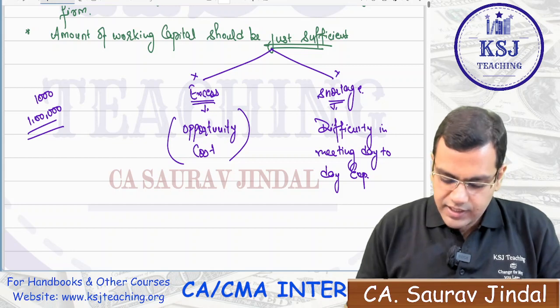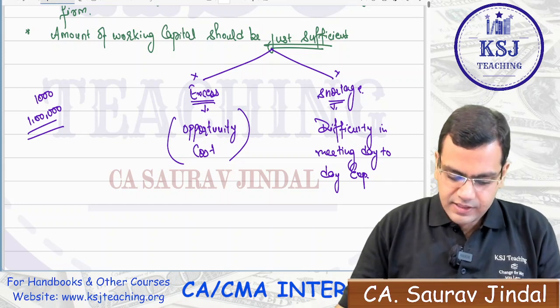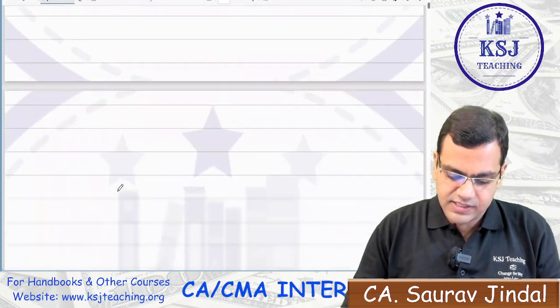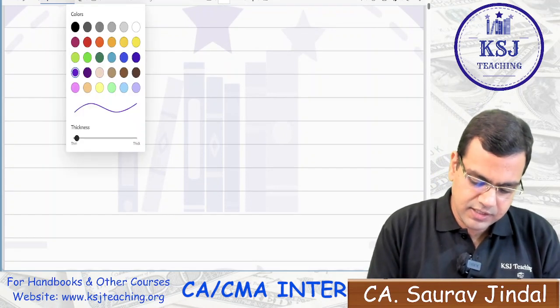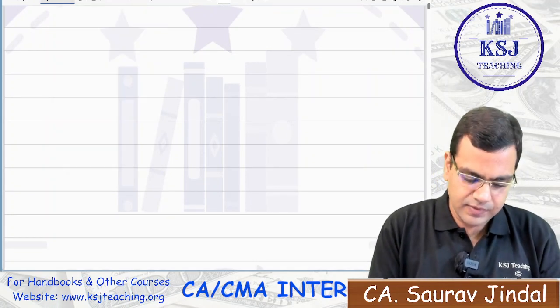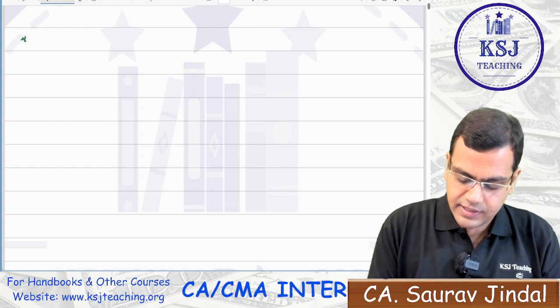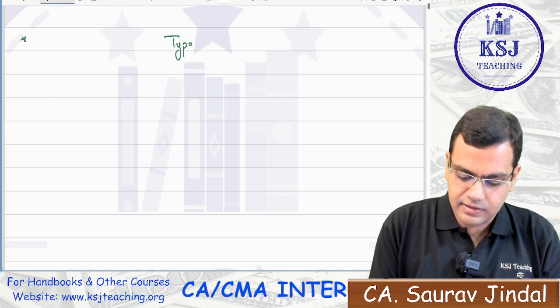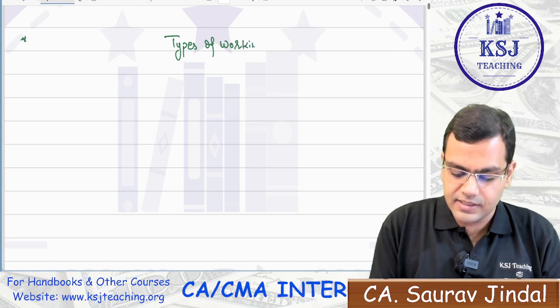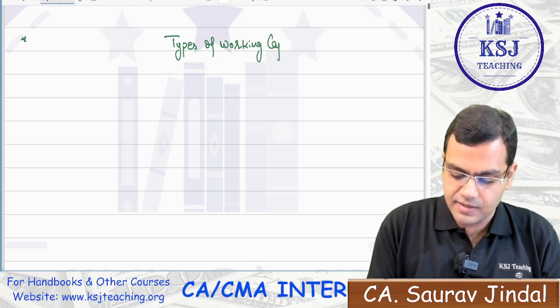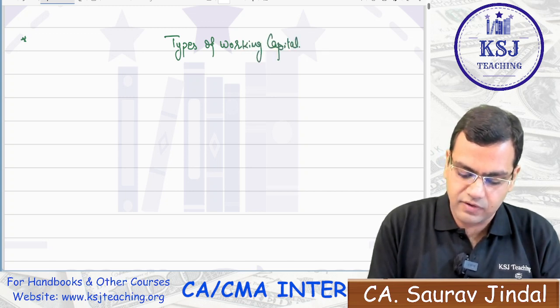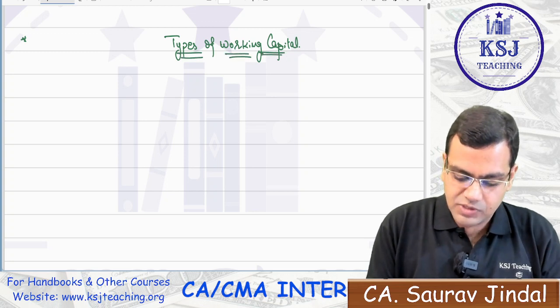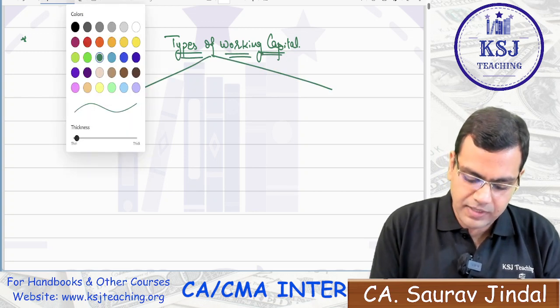Okay, let's continue. The next topic that we have is types of working capital. All this is the basic background of working capital that we are building up, right? That is important for revision purpose. Types of working capital, we can divide it into two parts.